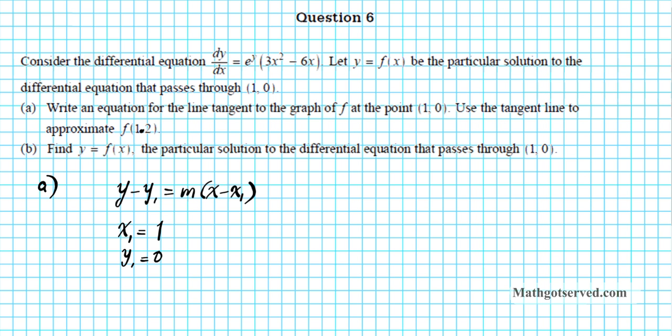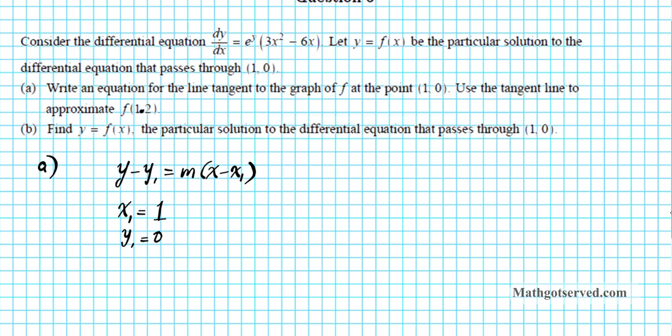So the only ingredient we need to generate the equation of our line is a slope m at x equals 1. So m at x equals 1 is the same thing as the derivative dy/dx of this implicit function at the point (1, 0).